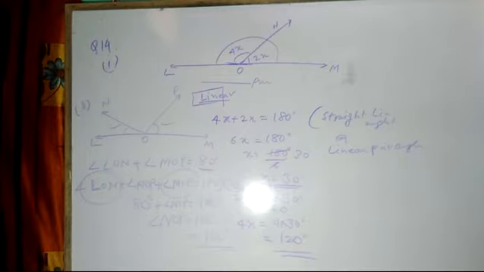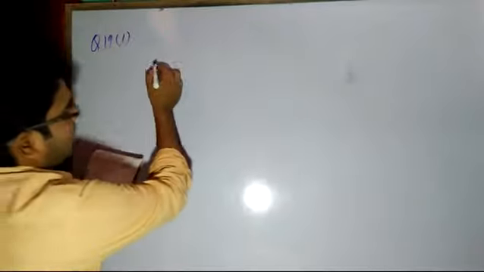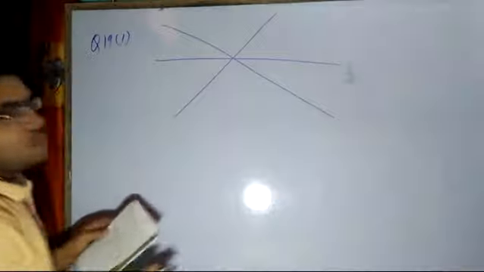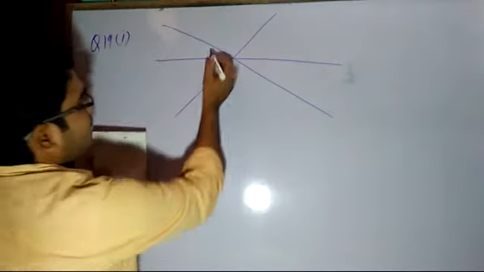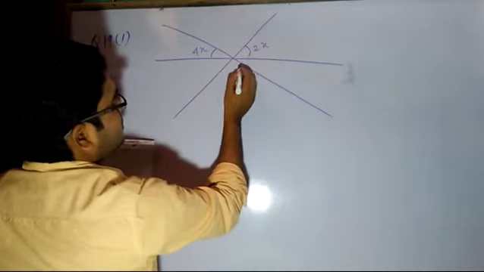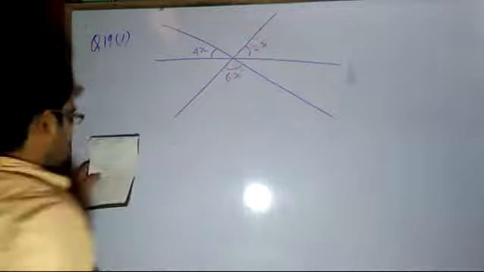Now I will clear the board so that I can solve the remaining two sums. Question number 19, subpart 1. We have one straight line like this. Here we have 4x degrees, here 2x, and here 6x.